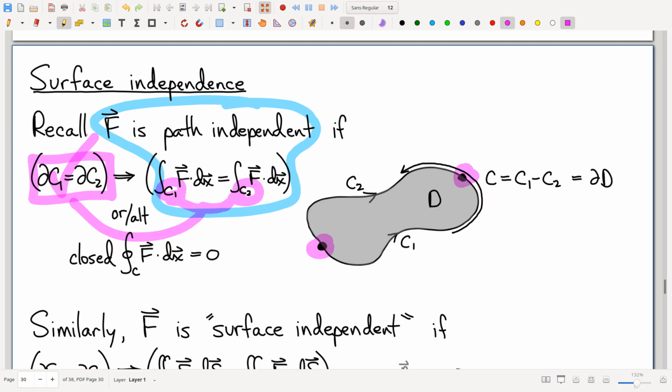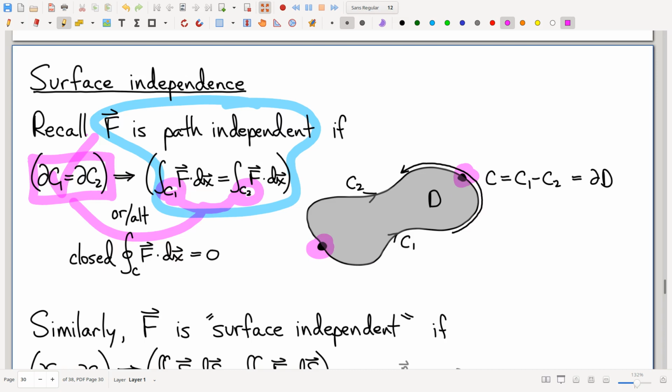I emphasize, most vector fields do not have this property. This is a special property. Only some vector fields have this property. Again, we talked about specifically that these are gradients, or said differently, Green's operator or curl, depending on your dimension, has to be 0. Okay, but that's what path independence is.